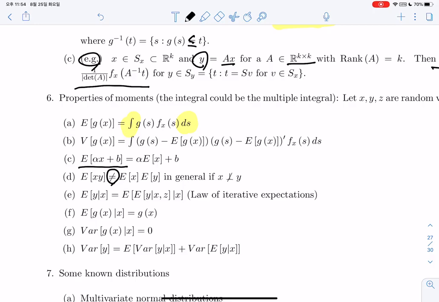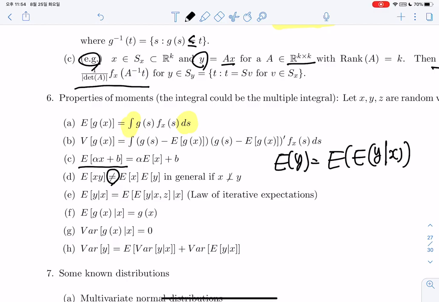Okay, another very important property of moment is the law of iterated expectations. So here, this expectation, let's change the variable. The expected value of y may be computed by the double expectation of y given x here.